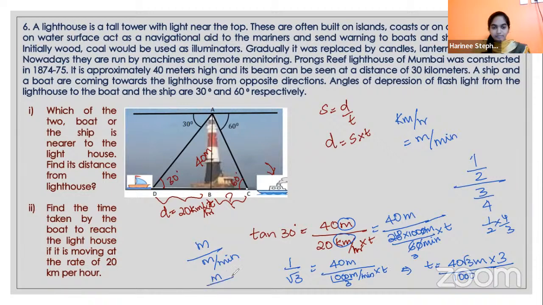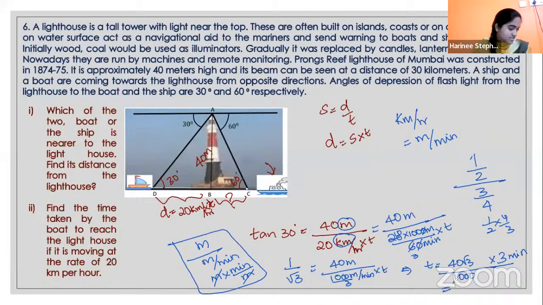So meter per minute, you can convert into minute per meter and bring it to the numerator. This unit conversion alone I'm doing separately and showing it to you. So meter gets cancelled. So your final value is going to only involve minute. Obviously, because we are finding time. Find out and tell me your final answer.